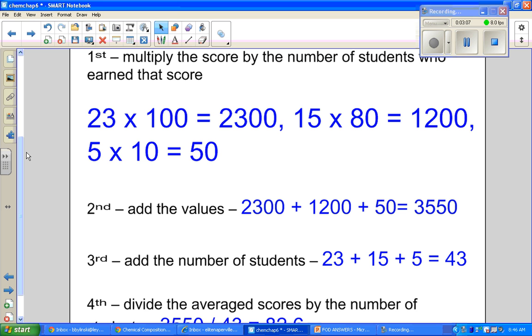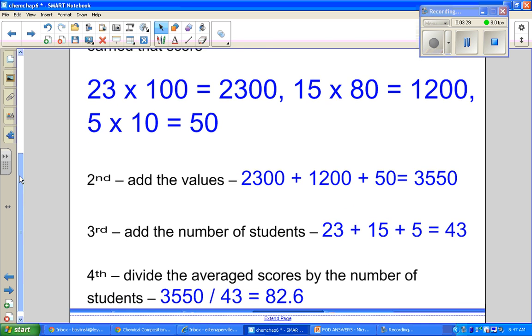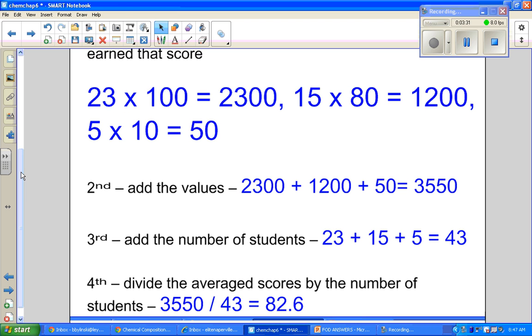Right here you've got 23 times 100. I have 23 students get 100 on a test. Multiply that, you get 2,300. 15 of my students got an 80. Multiply those two to get 1,200. 5 of my students got a 10. So times those and you get 50. The next thing I do is add those values, 2,300 plus 1,200 plus 50, and I get 3,550.